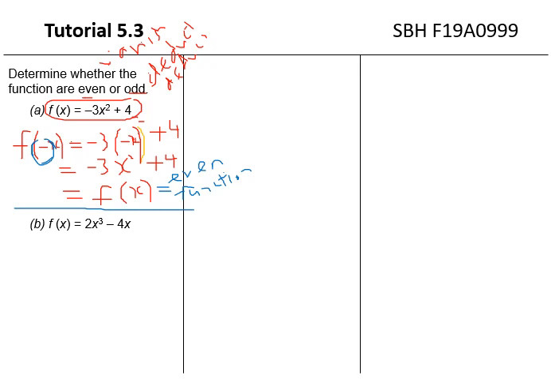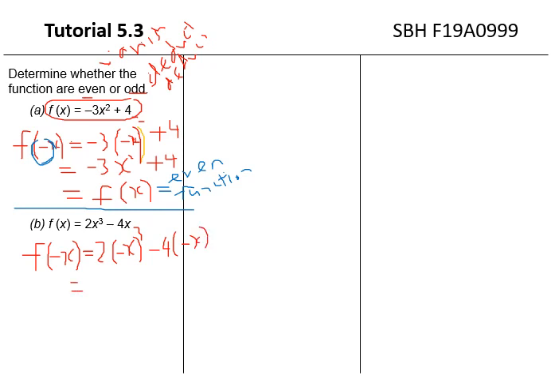Let's look at B. We are given the function. What we need to do is replace the input with a negative x. So it equals 2 times negative x to the power of 3 minus 4 times negative x.